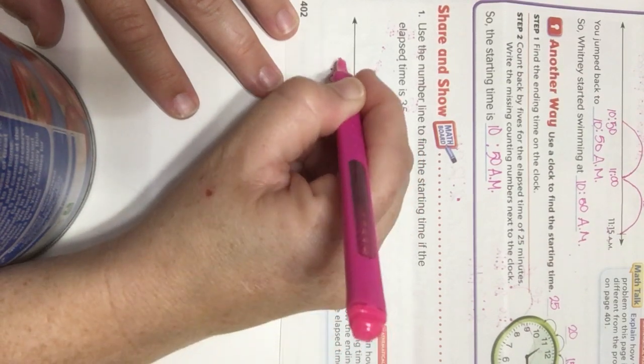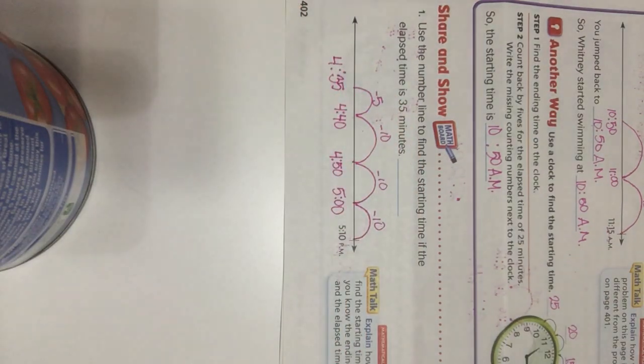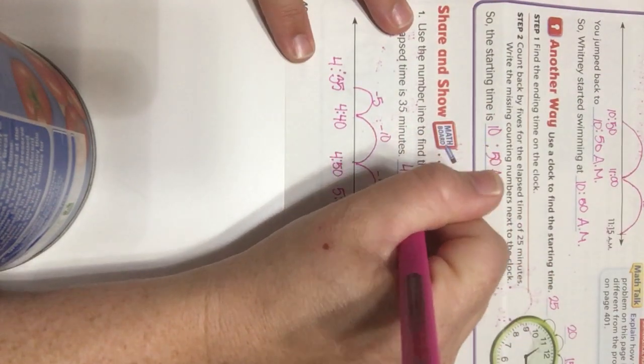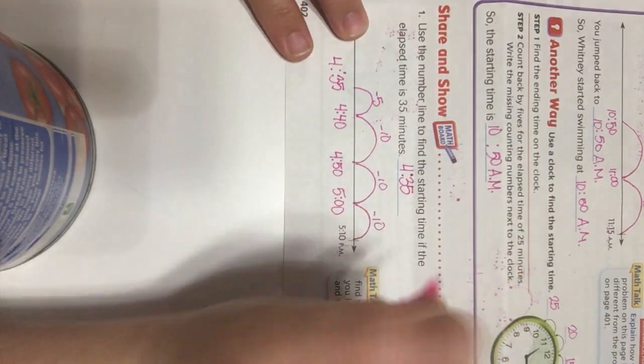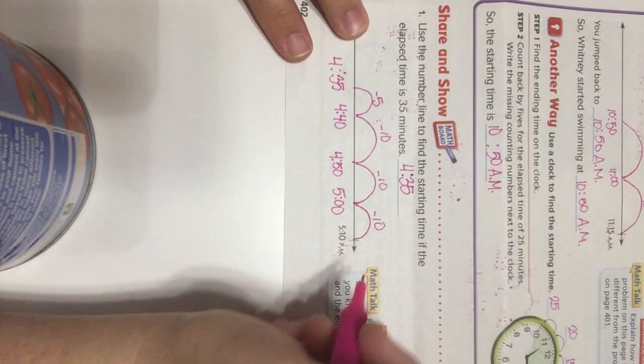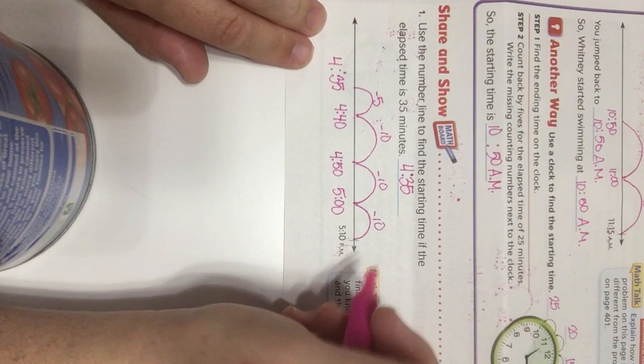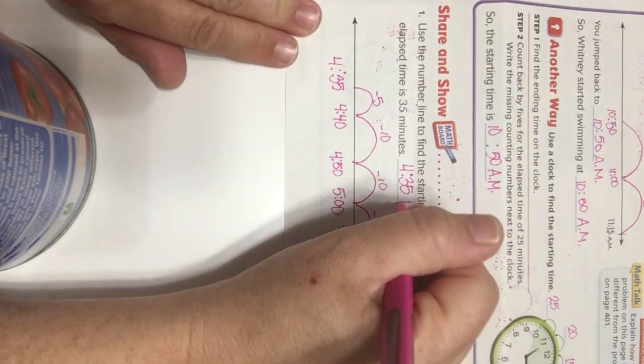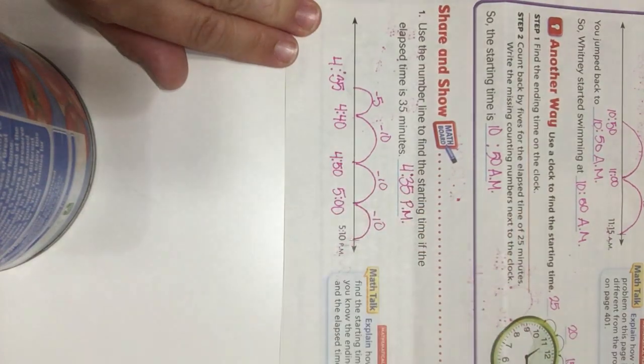So the hour is going to stay the same because I have not passed the o'clock yet. All right, so 4:35 is going to be my starting time. And 4:35, right here it says PM, so 4:35 p.m.